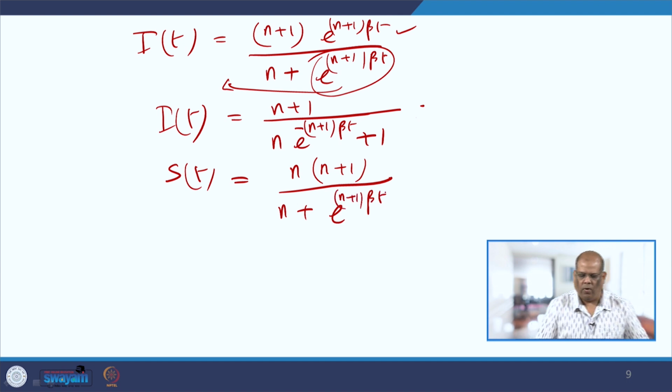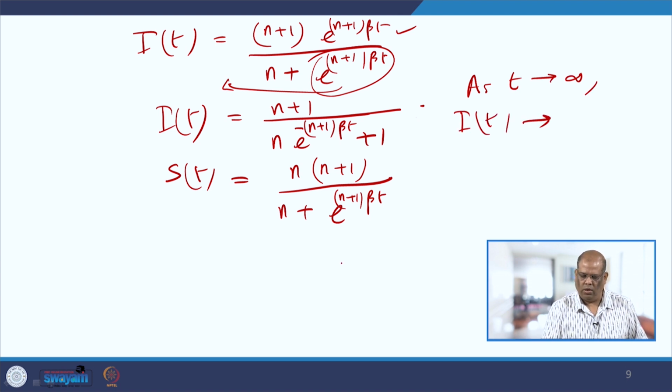Now, let us see what happens as t becomes large. As t becomes large, e to the power minus this goes to 0 and the denominator is 1.